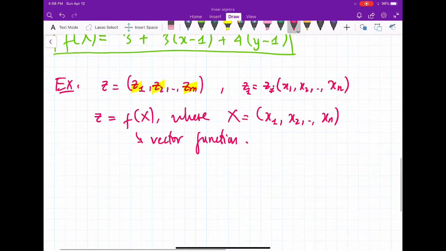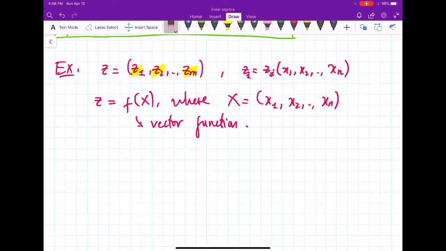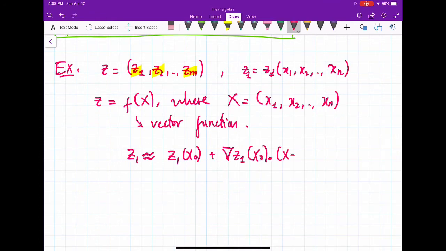So z1 is approximately equal to z1 at x0 plus the gradient of z1 at x0 dot product with x minus x0.